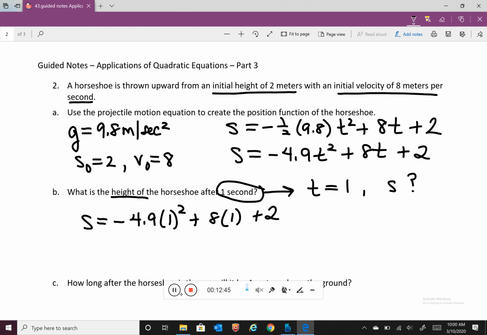Now 1 squared is just 1. And 1 times negative 4.9 is negative 4.9. And then we have plus 8 and plus 2. And simplifying this, this gives us a height of 5.1, and then remember this is all in terms of meters.